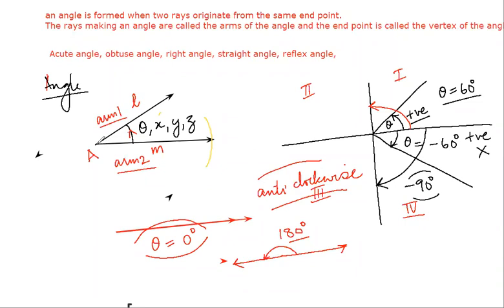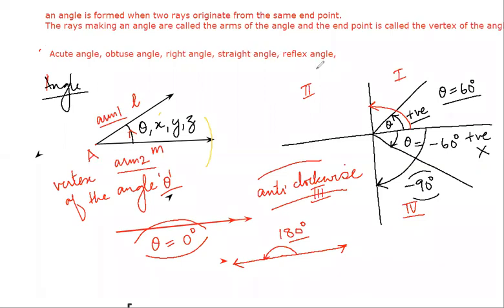So A, which is the origin, is the vertex of which angle? Here the angle is named as theta.